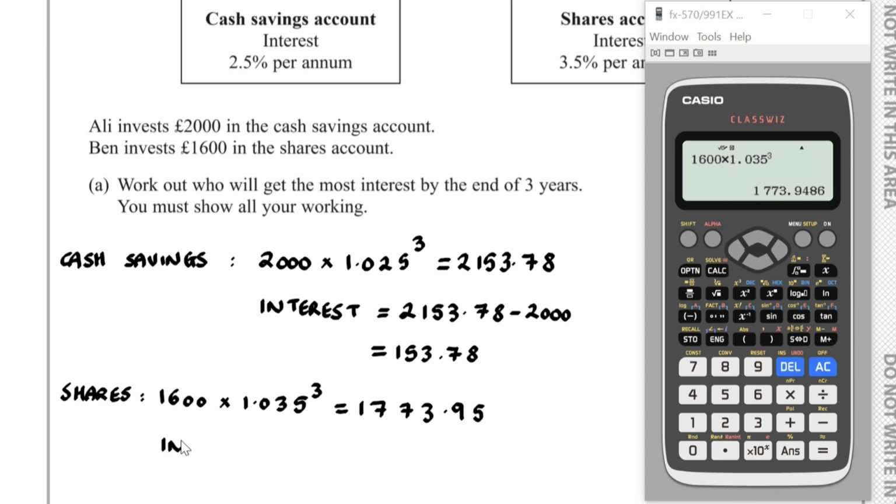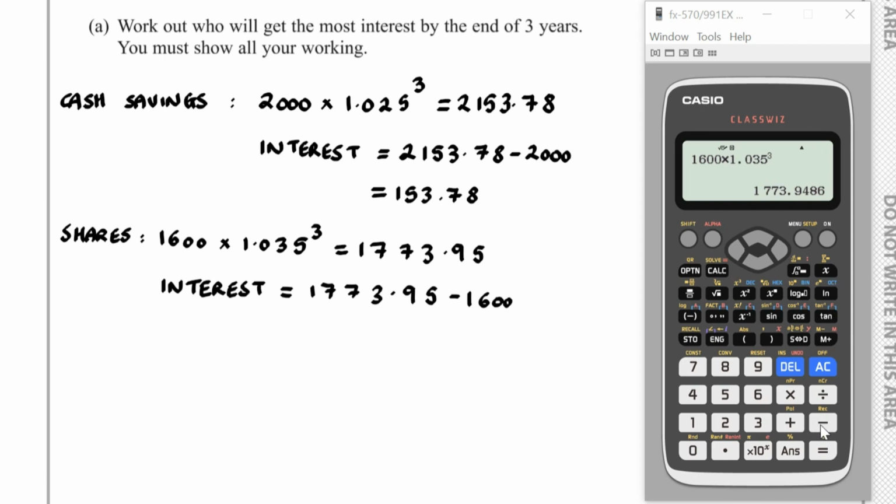And so the interest in this situation, I've got £1,773.95, take away 1,600, so it turns out we get £173.95. So who gets the most interest at the end of the 3 years? That of course is Ben.